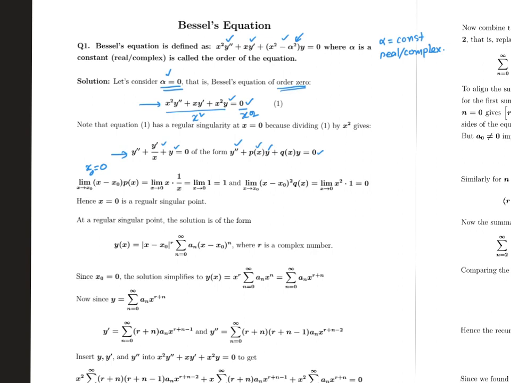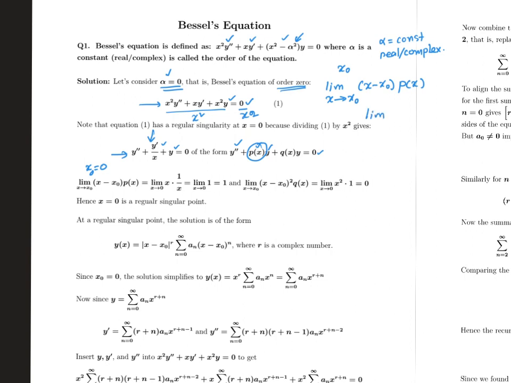Now, how do we test what type of singularity it is, whether it's regular or not? Let's consider x naught is a singular point. That x naught will be a regular singular point if these two conditions are satisfied. The limit as x approaches x naught of (x minus x naught) times p of x, which in our particular example is 1 over x.